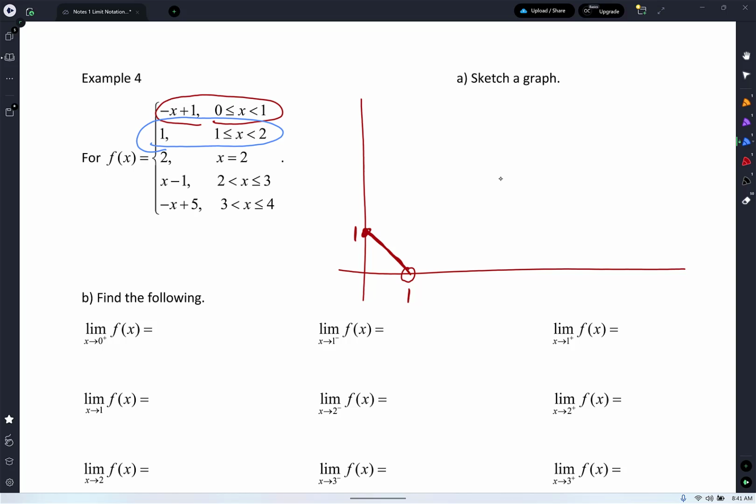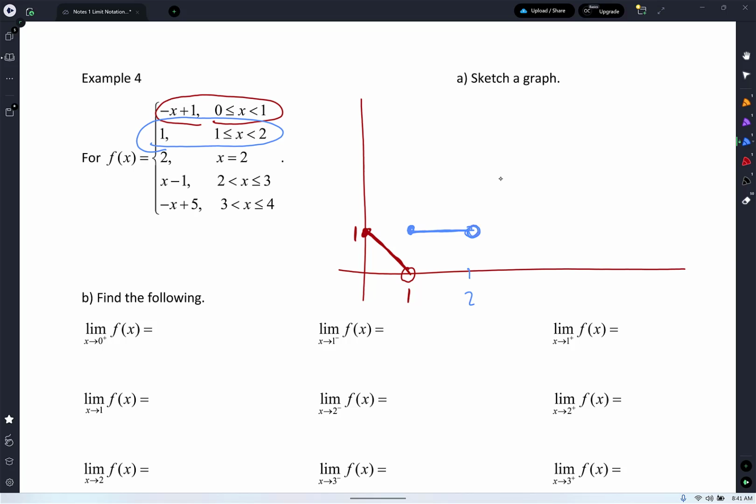I'm going to graph, and don't worry, I'm going to go slow. I'm going to graph the output number 1 between x values 1 and 2. So I'm going to go to 1. At 1, I'm going to put a dot at (1, 1). And I'm going to say that this is 2, about. And I'm going to go all the way to x equals 2, with an open circle there.